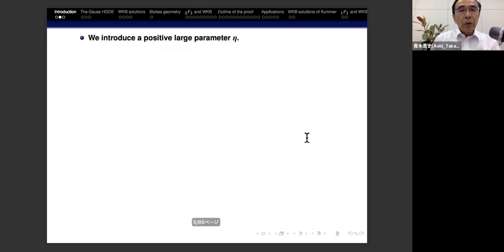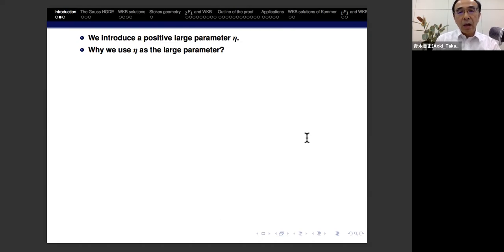Now we introduce a positive large parameter eta. Yesterday, Takei-san already introduced this letter eta as a large parameter, but I'd like to explain why we use eta.